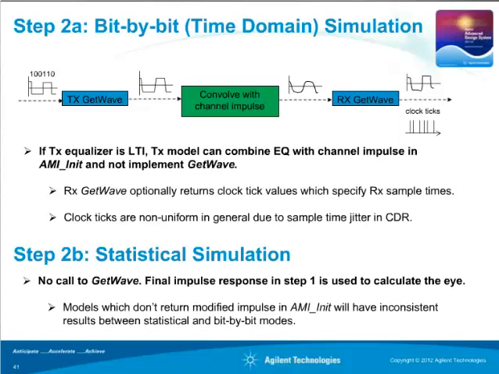And if you're running statistical, the waveform based getWave function is not used, but we use the impulse modification described on the previous slide in the AMI init. This is modeling detail, but you as a simulator user should be aware that these things need to be dealt with and to look for them when you get a model.